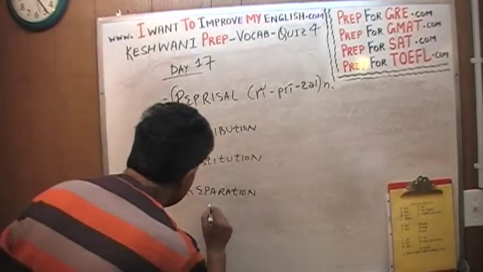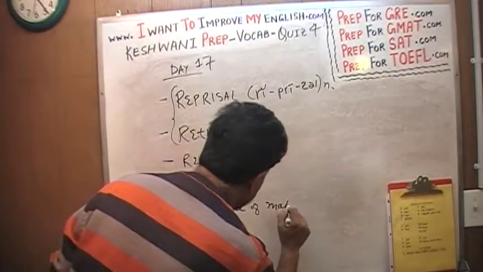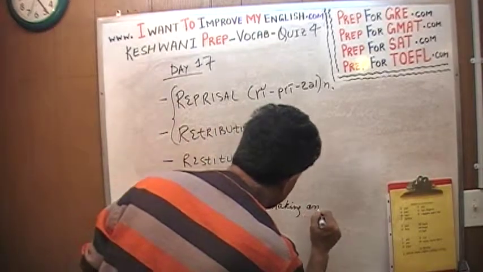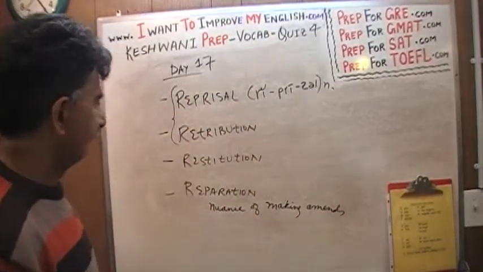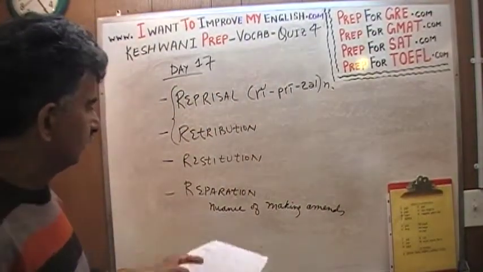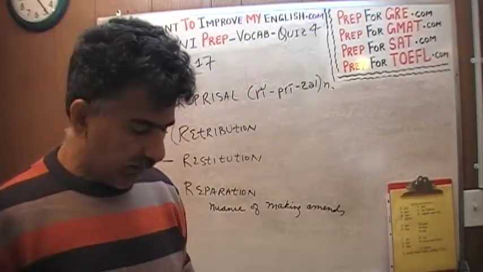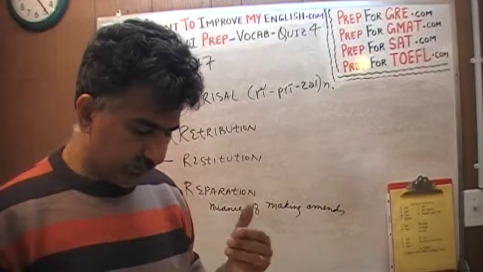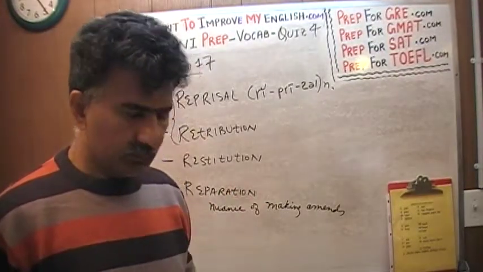It has a nuance of making amends, which these three words have nothing to do with. So here you do something to put something right, and you're also trying to make amends in the sense that you're expressing your guilt, I suppose.